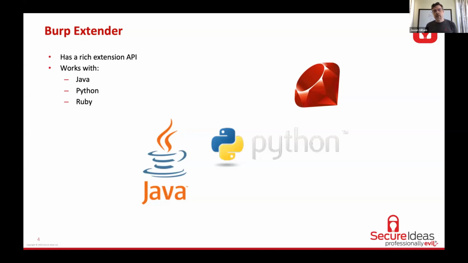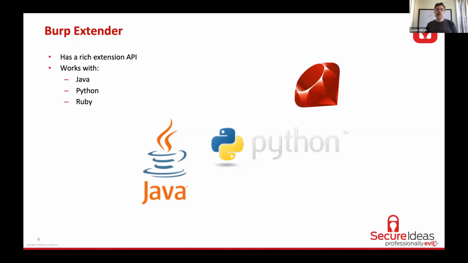Even PortSwigger, the makers of BurpSuite, will tell you that although all of these are supported, Python is actually supported through Jython, and Ruby is supported through JRuby, which are basically Java wrappers around those. So from a memory management and program efficiency perspective, it's better to write an extension in Java, because it's a lot easier inside Java to just load some more classes into the class loader than it is to load up an entire Python or Ruby interpreter.